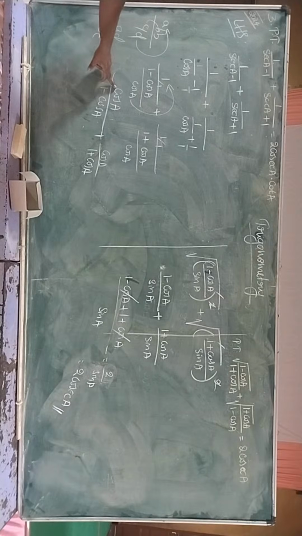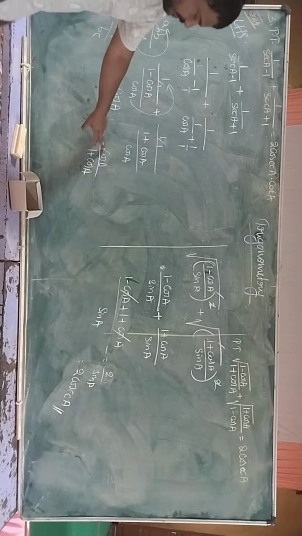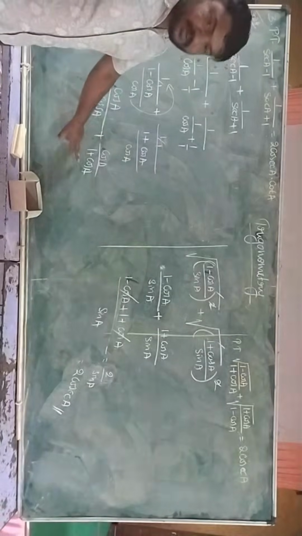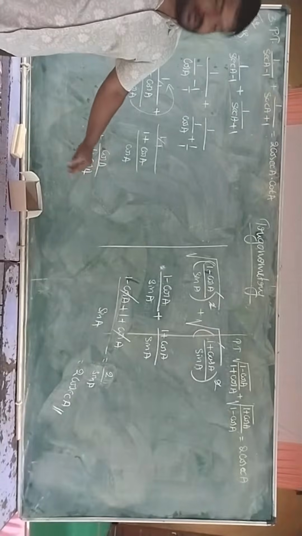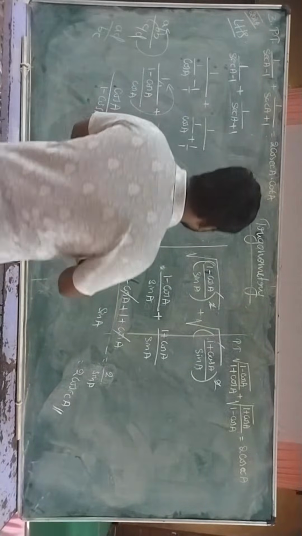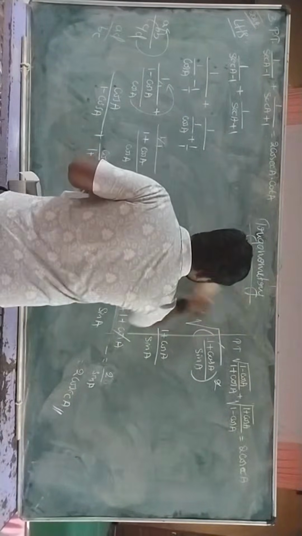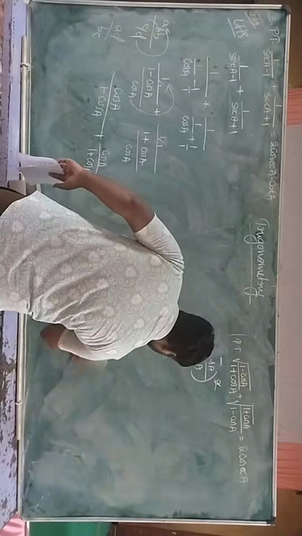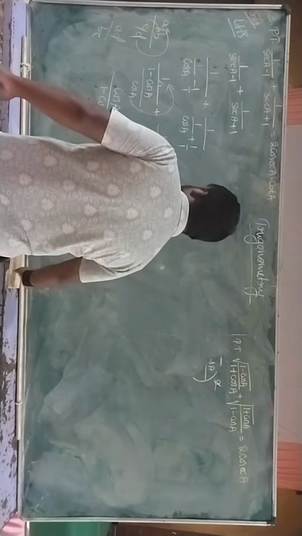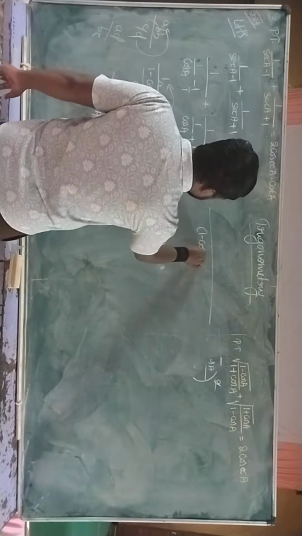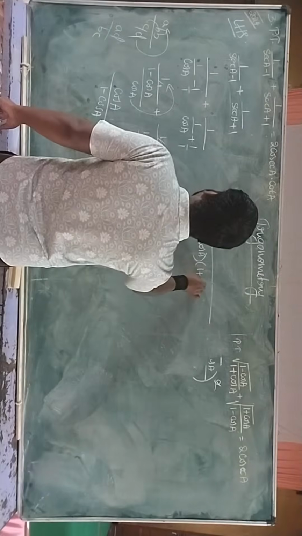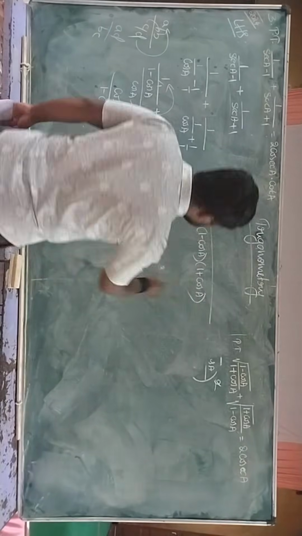Cos A is the numerator and 1 minus cos A is the denominator. Similarly, cos A is the numerator, 1 plus cos A is the denominator. So the LCM is (1 minus cos A) into (1 plus cos A).